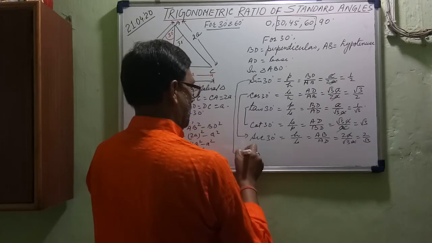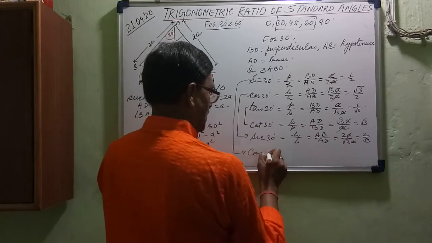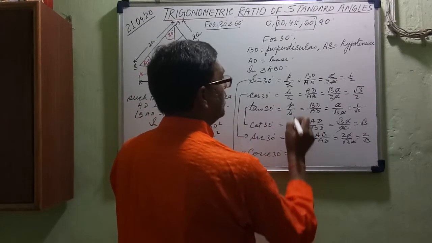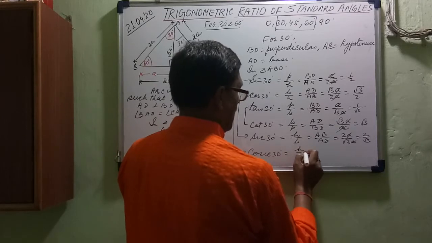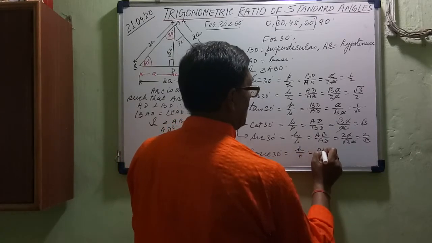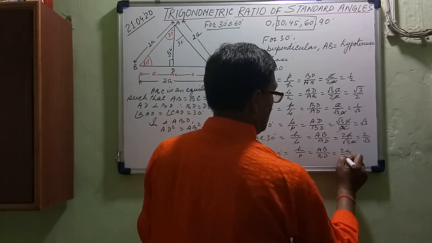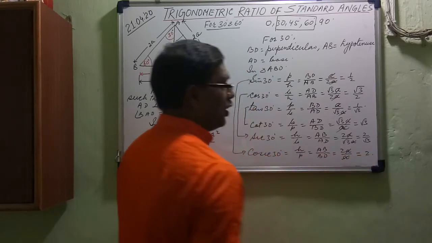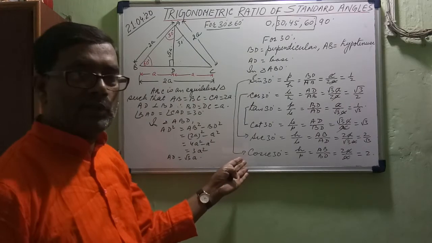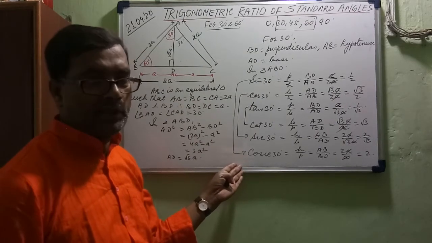And cosec 30 degree is equal to how much? H by P, AB by BD, 2a by a, that is 2. So these are the values for 30 degree.